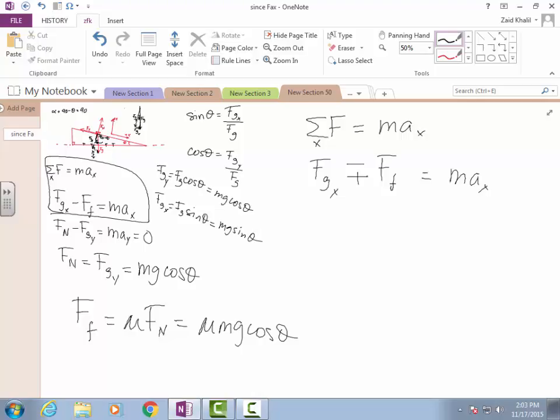So the first case, we had this thing moving down the hill, right? But down the hill is what direction? Positive or negative? Positive. So friction is in the negative direction. So if we're going up the hill, which way is friction? Down the hill, which is positive, which is why you have F_gx minus plus F_f equals m a_x.